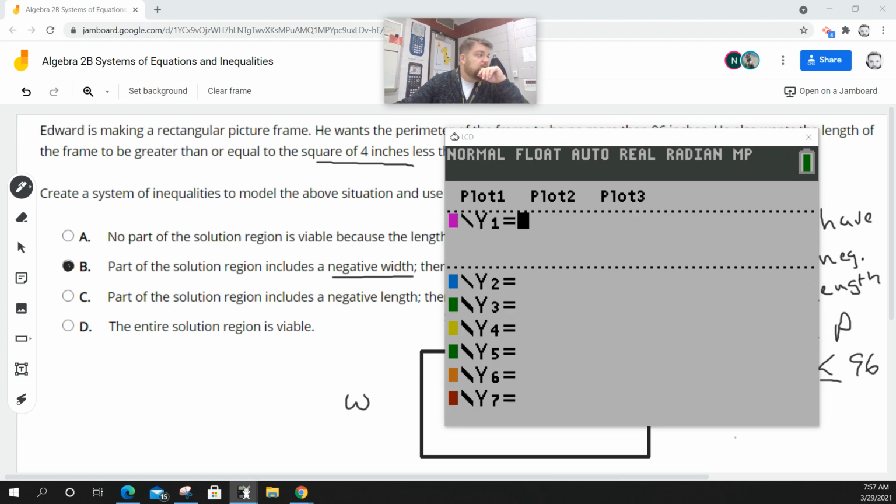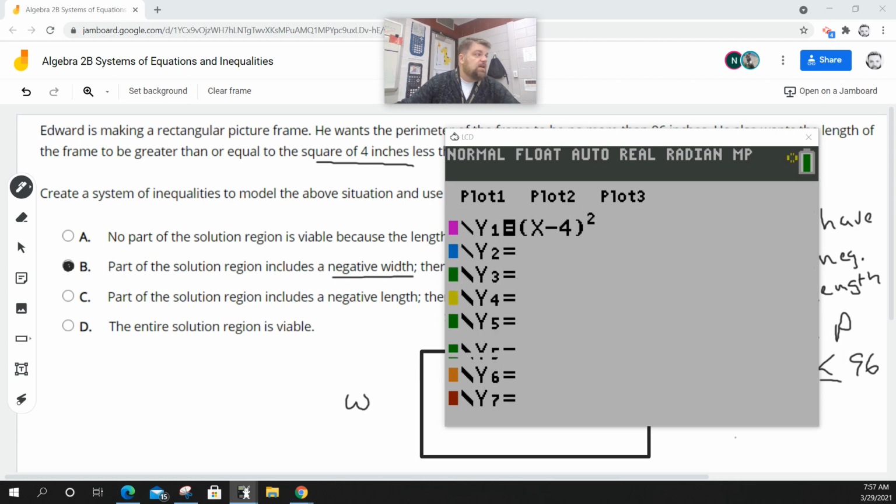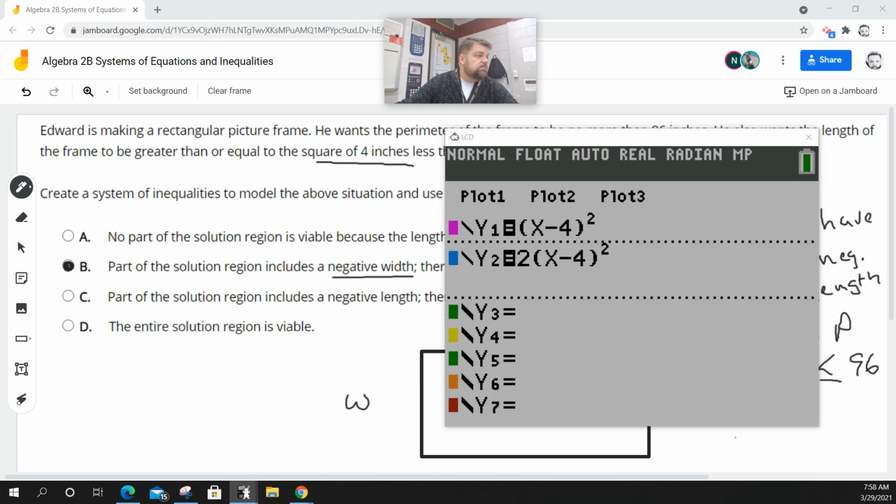So when I go to graph this, let me clear this out. If I say the quantity x minus 4 squared, right? And then down here I say 2 times x minus 4 squared plus 2 times x, and then minus 96 because we have to set it equal to 0.